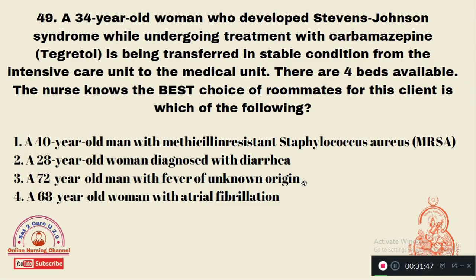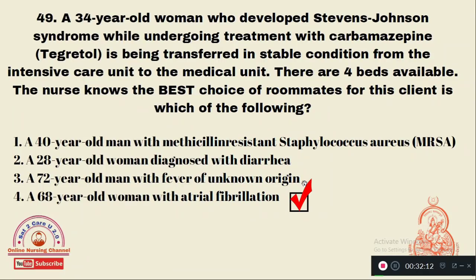So, which room for the patient who has Stevens-Johnson syndrome who is undergoing this therapy? So, with which patient's bed he can share the room? So, basically, option D, the 68-year-old woman with atrial fibrillation is right.